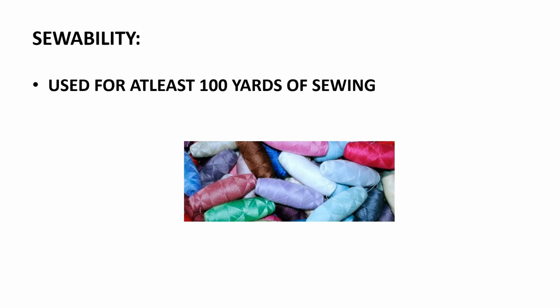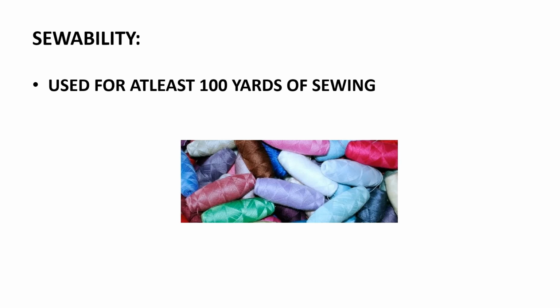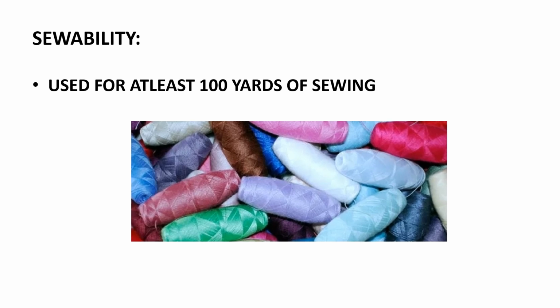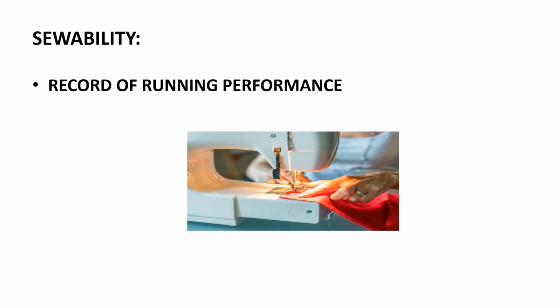But why is it 100 yards of sewing? Let us see, students, what it is used for. At least 100 yards of sewing. Now, when you are talking about this particular parameter, we have to record the running performance of the sewing machine.